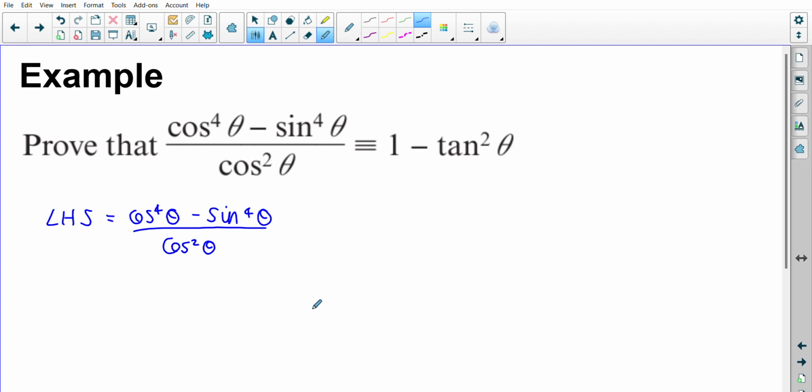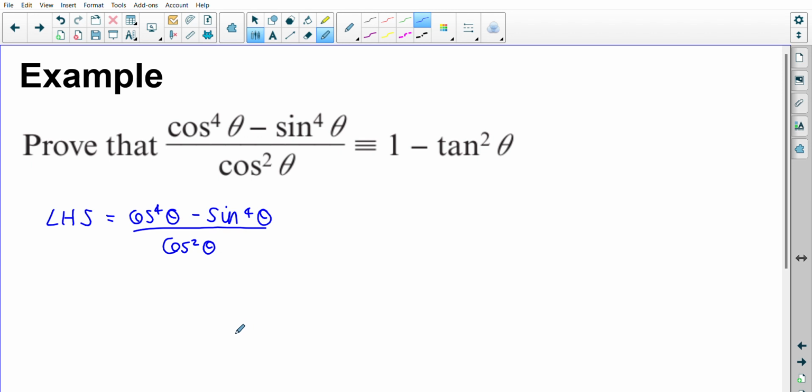Now you might be thinking, right, I've got a cos squared theta, I could change that to 1 minus sine squared theta. I've got cos to the power of 4 theta, so you might be thinking about how that can link to a squared. If you're ever stuck, just give it a go, because there are times when us as teachers start off the proof and we find that what we've attempted isn't going to get us there.